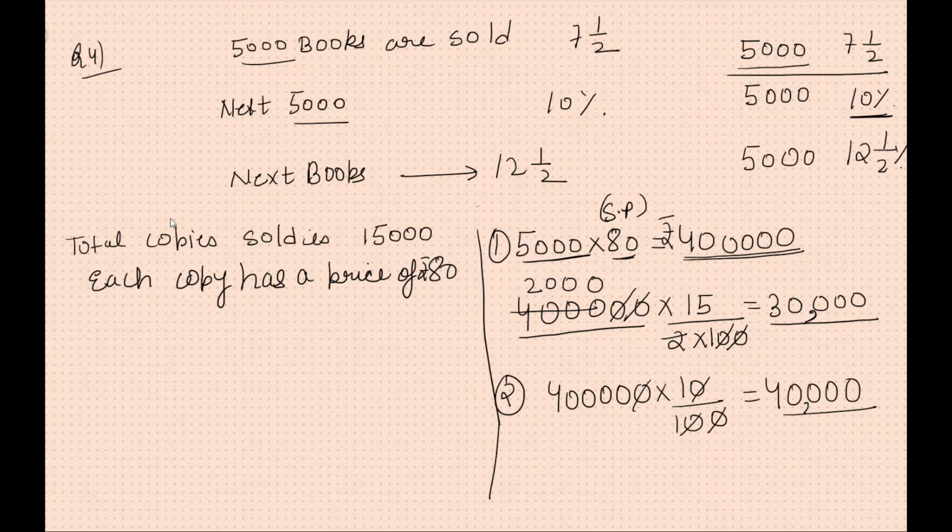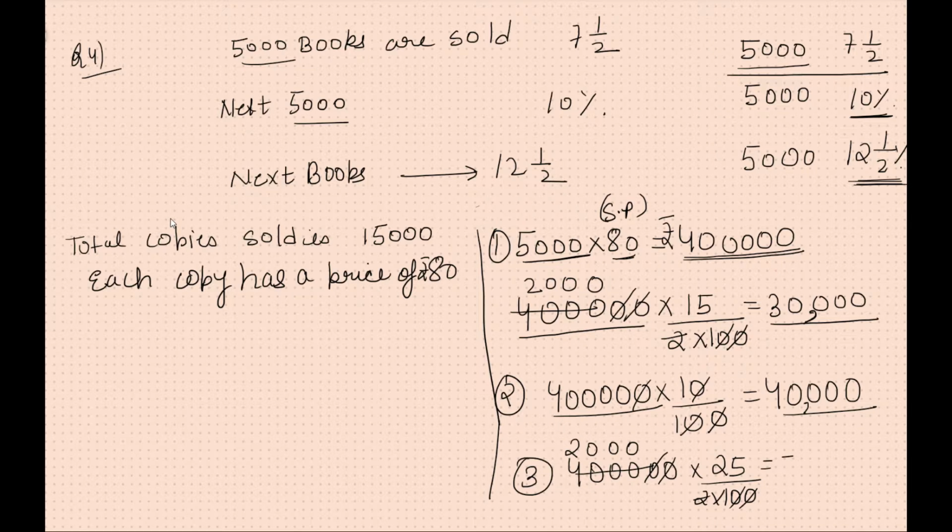Now in the third slot, the same amount, but this time he is getting 12.5% royalty. So 4 lakh into 25 by 2 into 100. The zeros cancel, 2 2s are 4, and 25 2s are 50, with 3 zeros left.